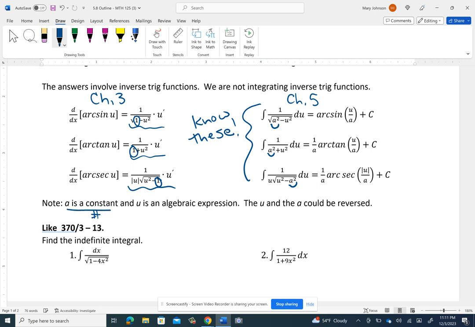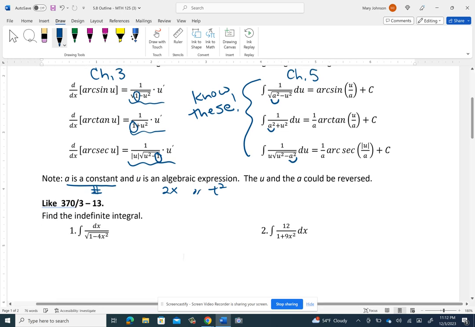So A is a constant or some number, where the U part is an algebraic expression. It might be like 2x, or t to the second or something like that. And also the U and the A could be reversed. The second one in particular with arctan, the U and the A could be reversed. The U and the A really need to be in the locations they are for arcsine and arcsecant because of the subtraction.